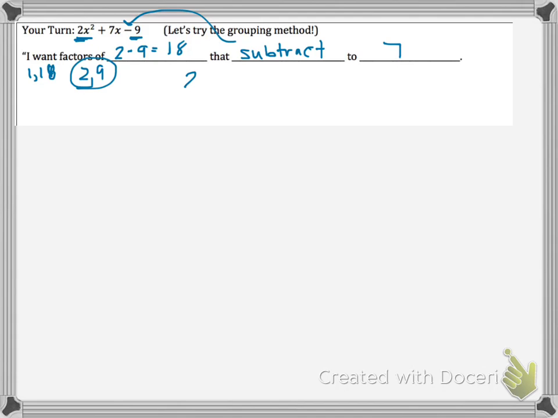So I'm going to rewrite my polynomial. And then I want to break that middle term up. So I've got 2x squared. And I want to say, okay, I can break that into a negative 2x and a positive 9x minus 9.